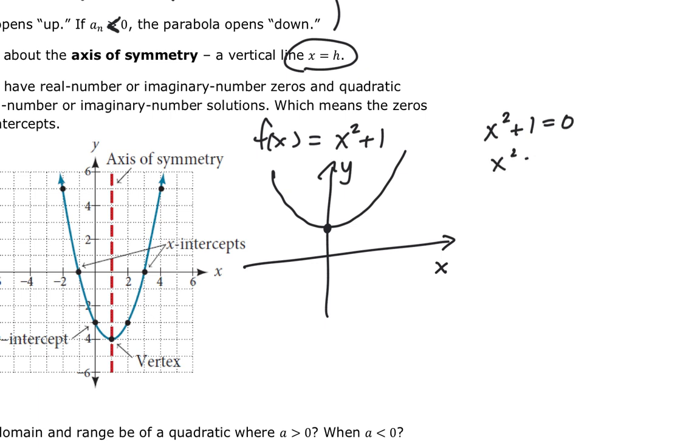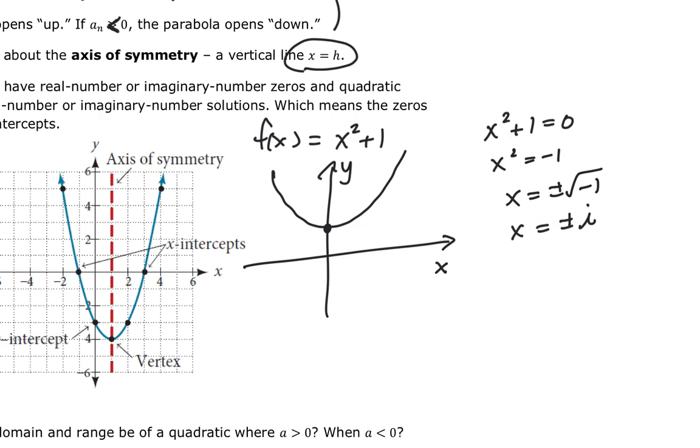So x squared is equal to negative 1. And we know from the video in 3.1, we can take the square root of a negative number. So x is equal to plus or minus the square root of negative 1. So x is equal to negative and positive i, or 1i. So we get a solution. It's an imaginary number or complex number, which means that our solution to the quadratic is not the x-intercepts.